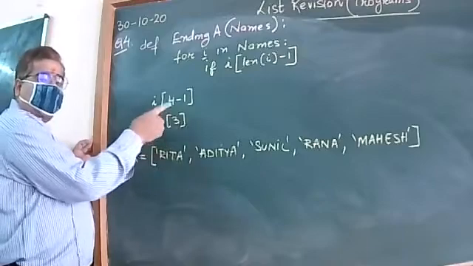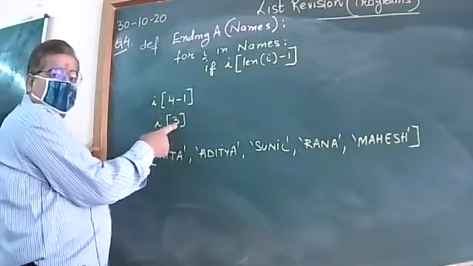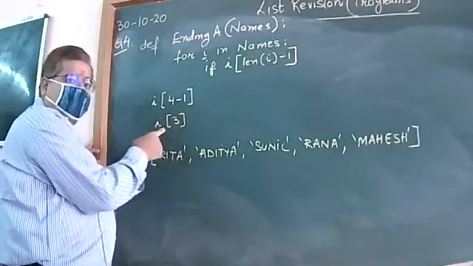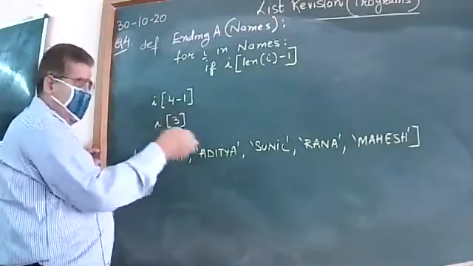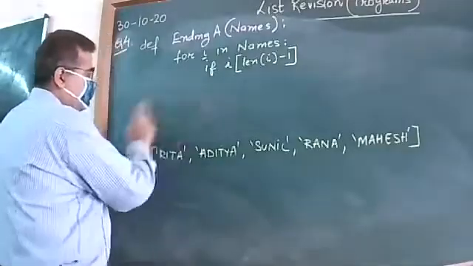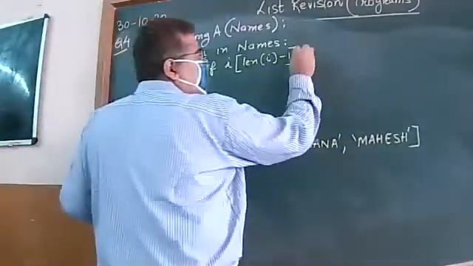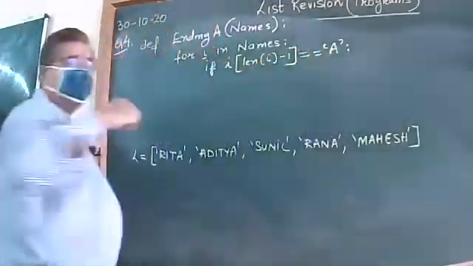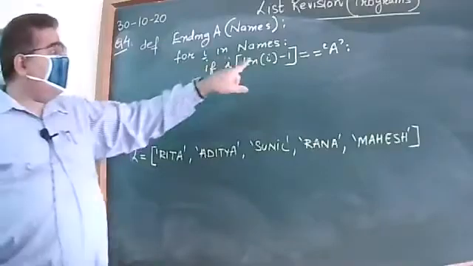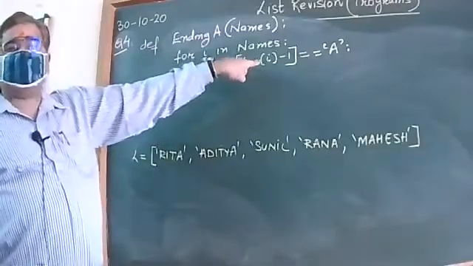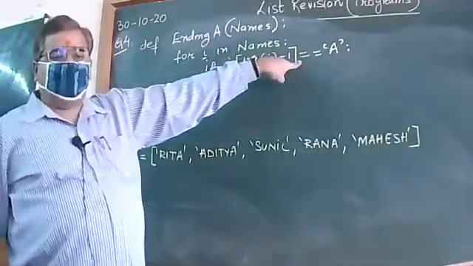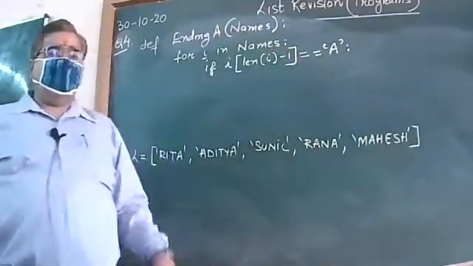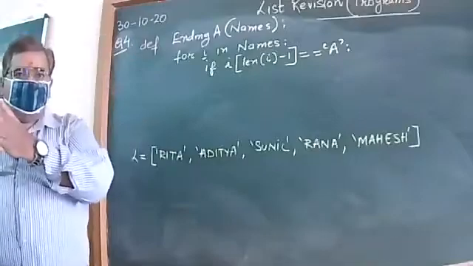If string of third character, the last character of the string, is equal to A, you find out the length of each individual string minus 1. If length is 10, 10 means 0 to 9.